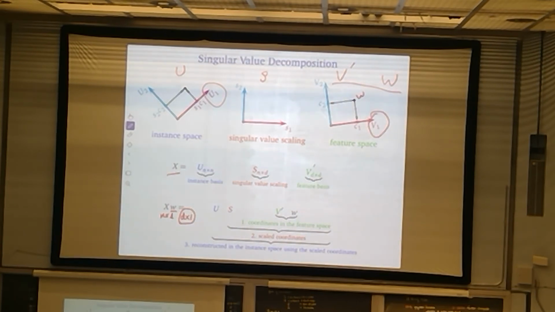This is what I frequently refer to as a mode. This is a mode in the input space, the feature space. This is the corresponding mode in the output space, the instance space, okay? So they come in pairs. Anytime you give an X, it carries this intrinsic coordinate system, V and U. That's fixed.